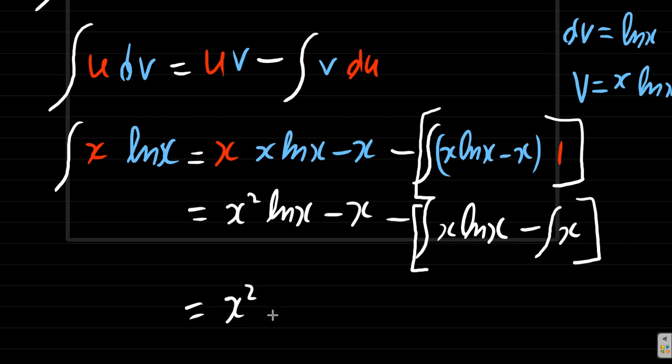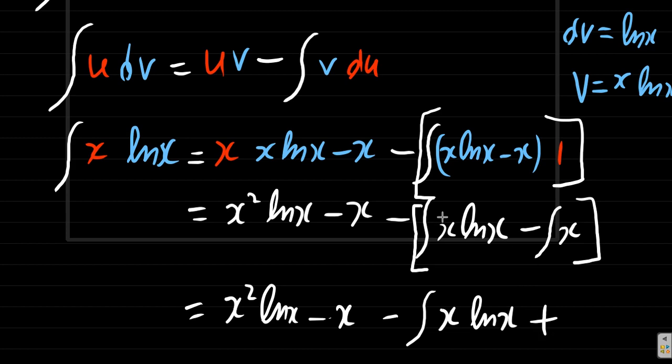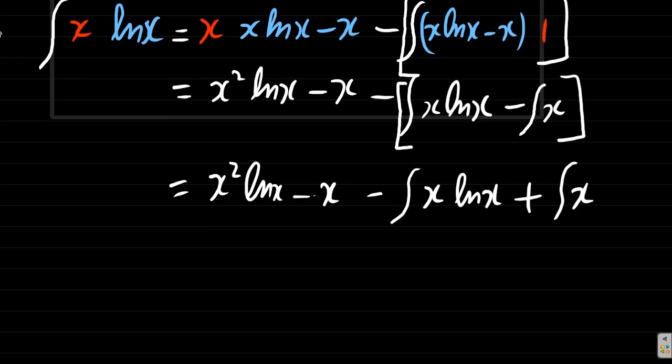So you have x squared ln x minus x minus the integral of x ln x plus, now negative and negative will give you a positive, plus the integral of x. Now this is the integral of x ln x.